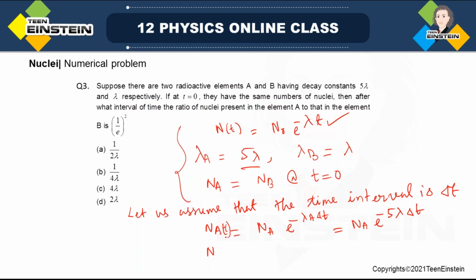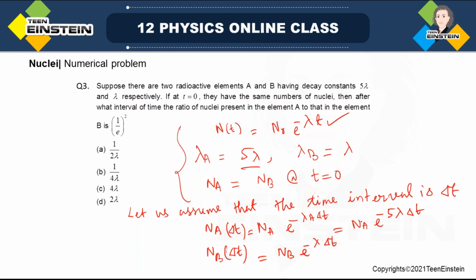Similarly for Nb, actually it will be delta t only. So we'll write here delta t. After delta t time interval, this is Nb, I'll write directly e to the power minus lambda into delta t.